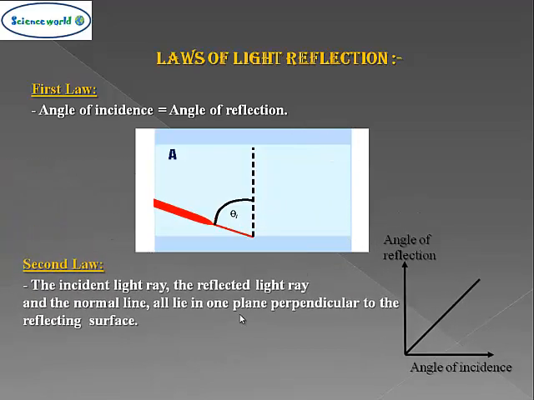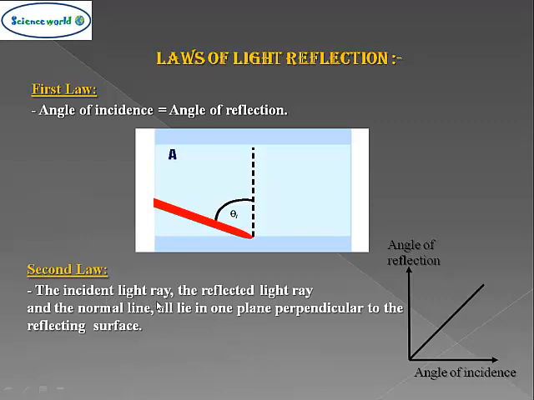The second law: the incident light ray, the reflected light ray, and the normal line all lie in one plane perpendicular to the reflecting surface.